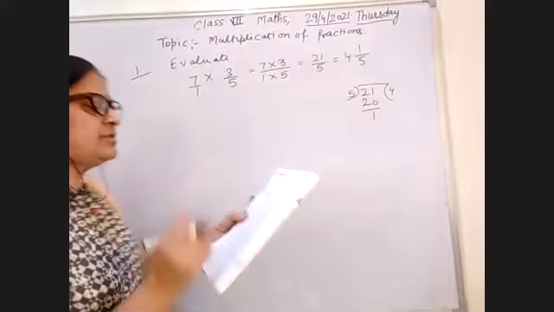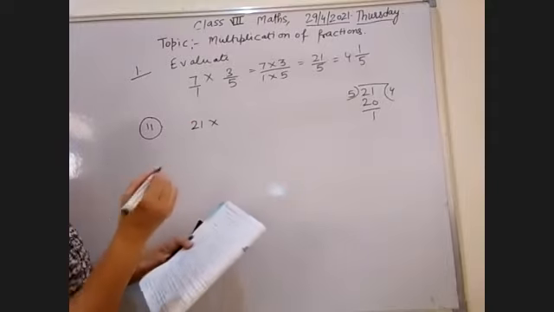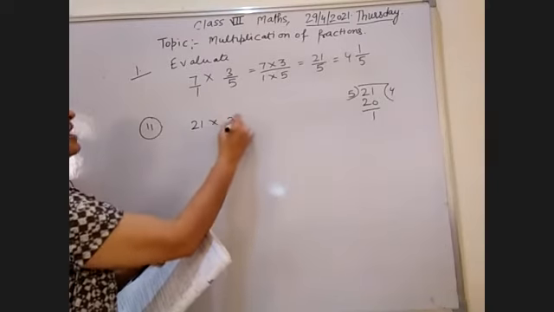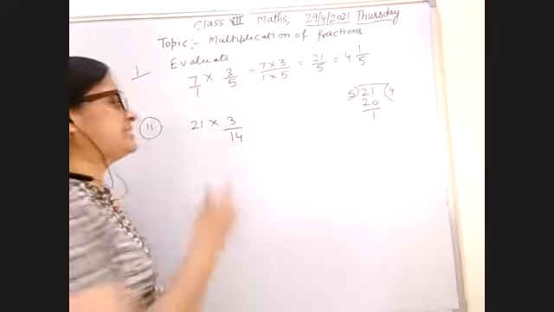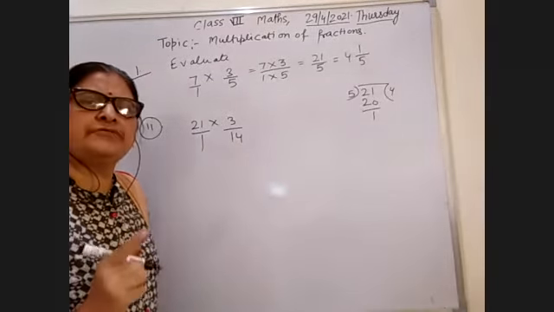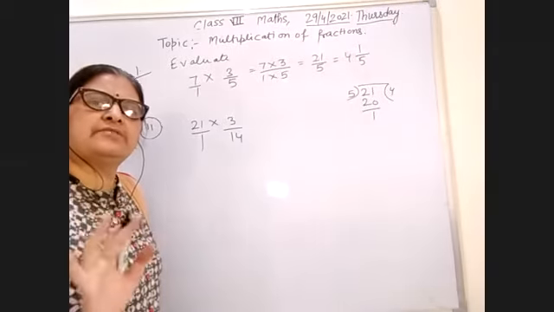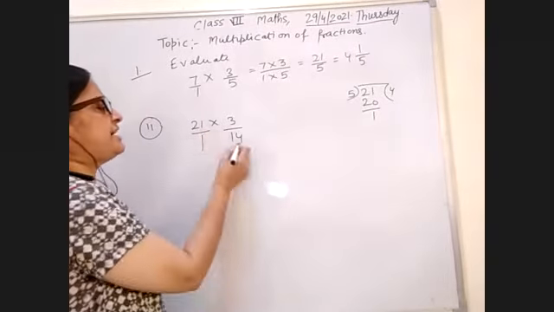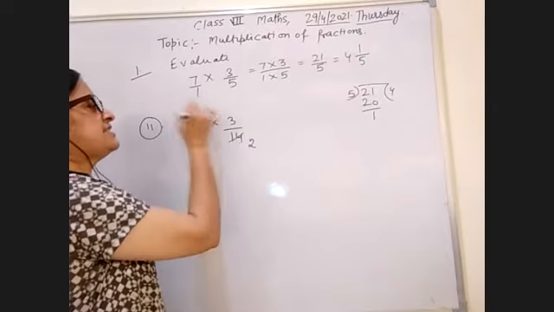And your next question is 21 multiply 3 upon 14. First you will see 21 and 14 both have the common factor 7. Both are divisible by 7. So you will divide both of the numbers. 7 twos are 14, 7 threes are 21.